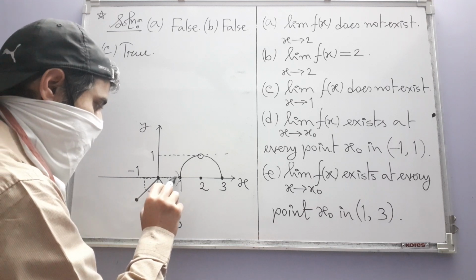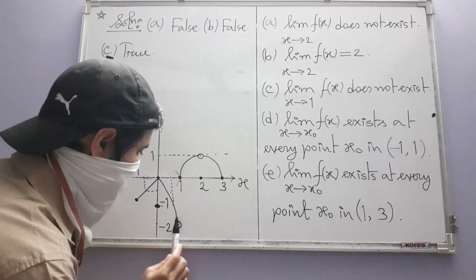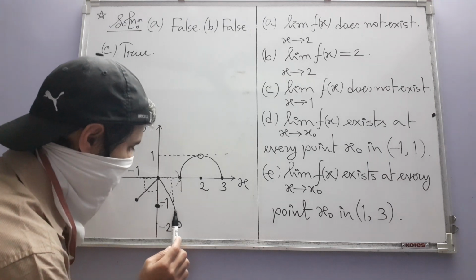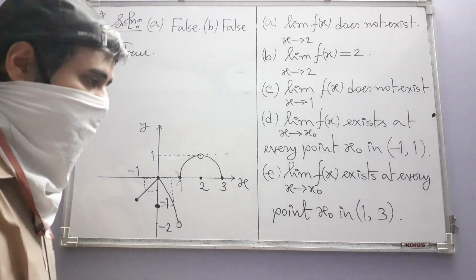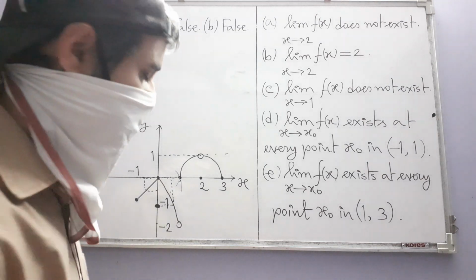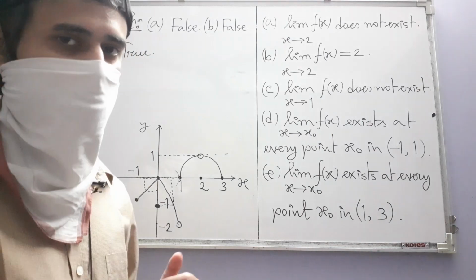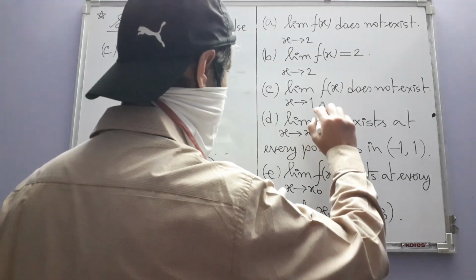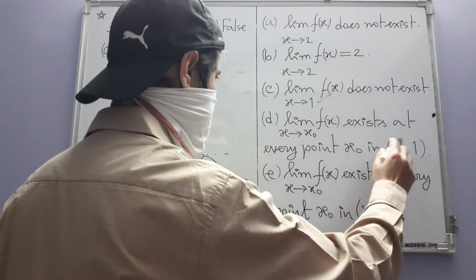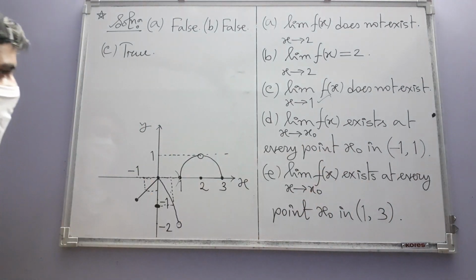And also when your independent variable approaches that point from the right side, the functional values go up and still reach some point, and that real number on the y-axis is the limit. So yes, D is true. The problematic limit which does not exist does not appear here in this region.